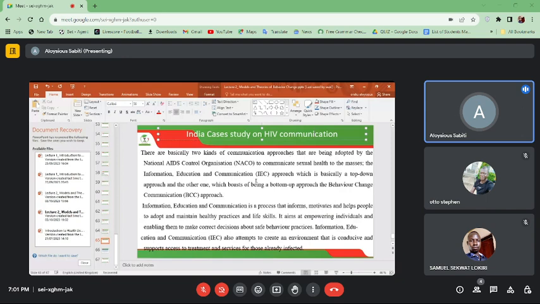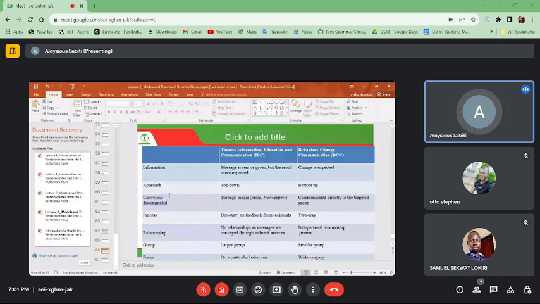And as a health communicator, you should be able to understand which method can actually work for you in your community, and then you will be able to apply it accordingly. So the differences are just here.